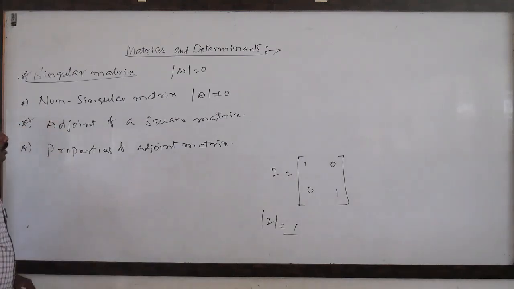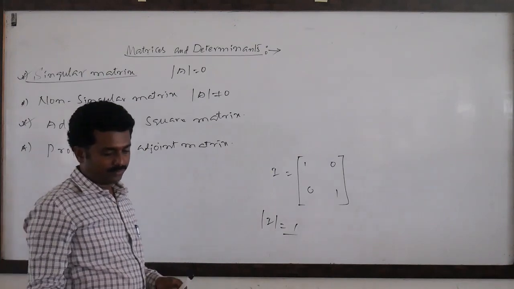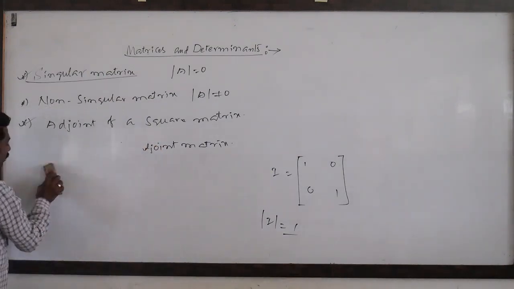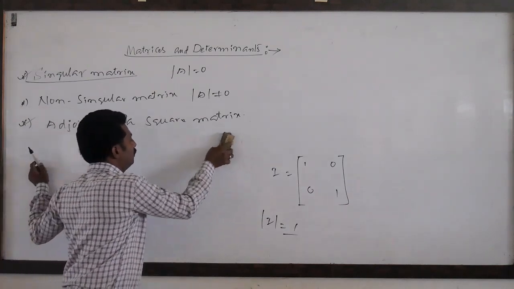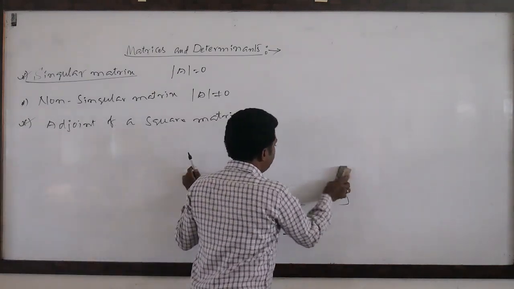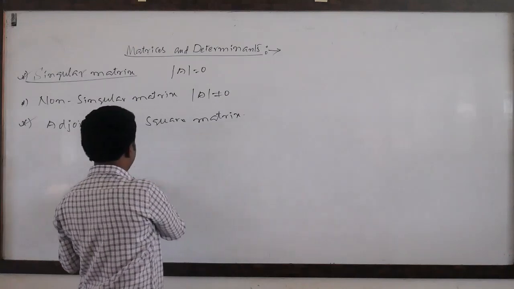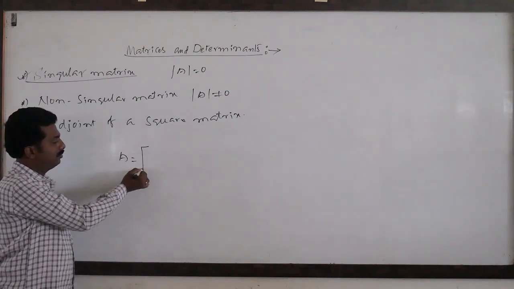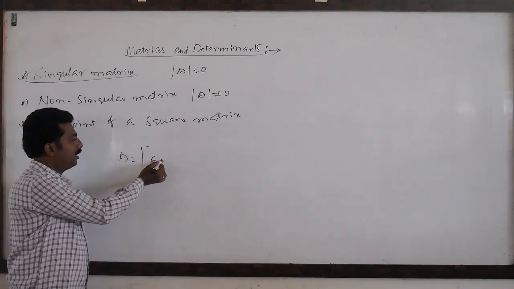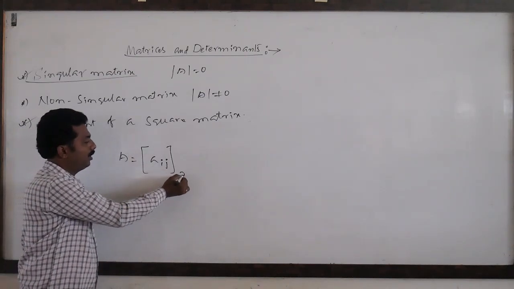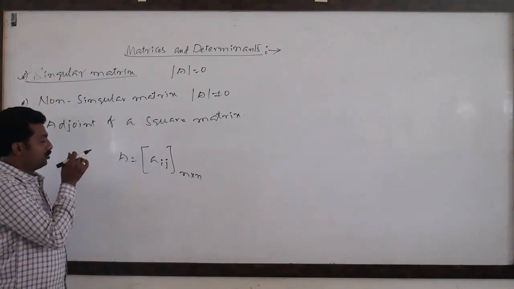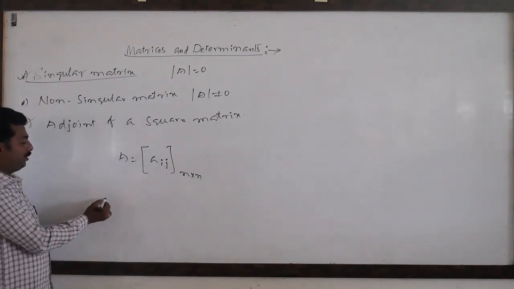Then adjoint of a square matrix. So what is the adjoint of a square matrix? Suppose A is one square matrix, A equal to matrix A I J of order n by n. So what is the definition of adjoint of A?